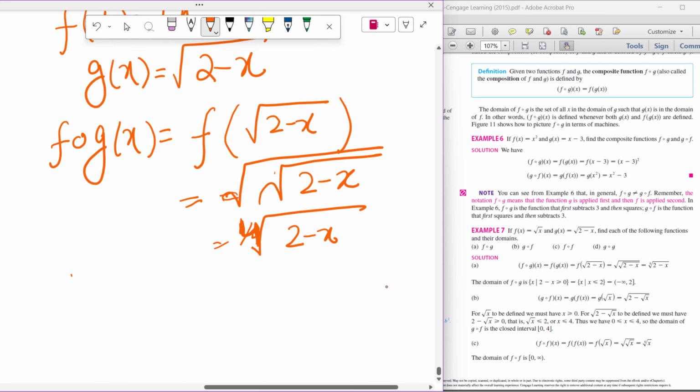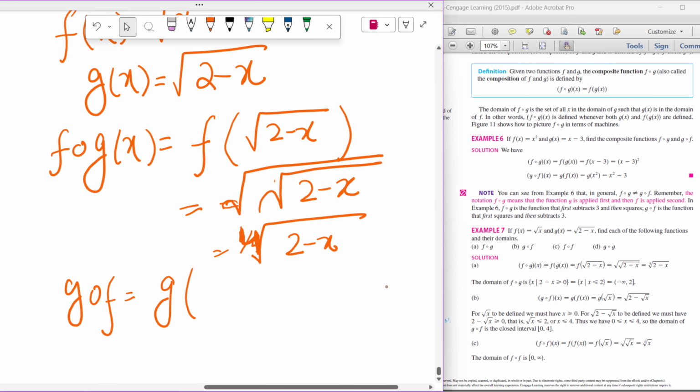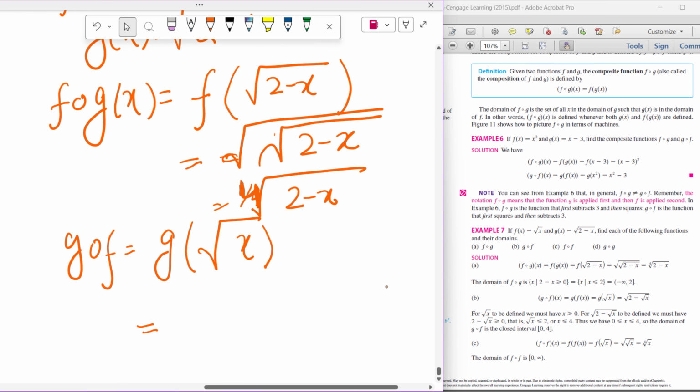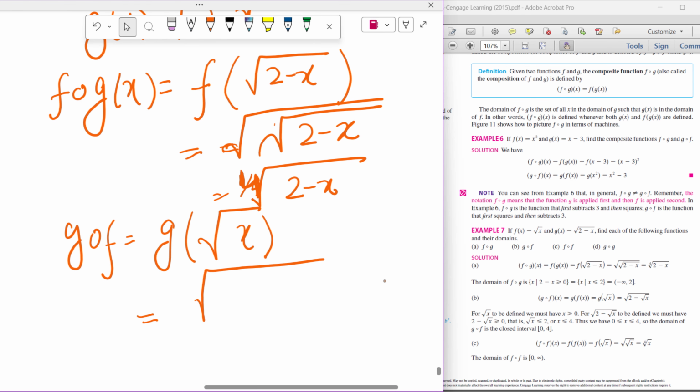If I calculate g of f, it means g with the value of x being under root x. Now put in g of x, that is under root 2 minus, and instead of x put under root x.